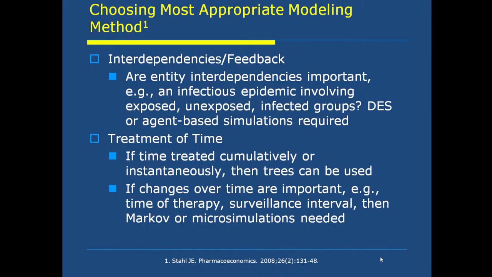Interdependencies and feedback. Are entity interdependencies important? For example, an infection epidemic involving exposed, unexposed, and infected groups: discrete event simulation or agent-based simulation is required. Treatment of time.